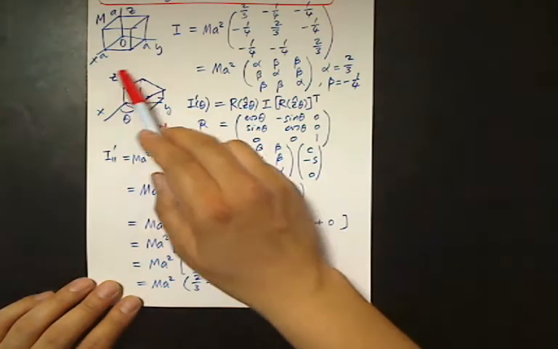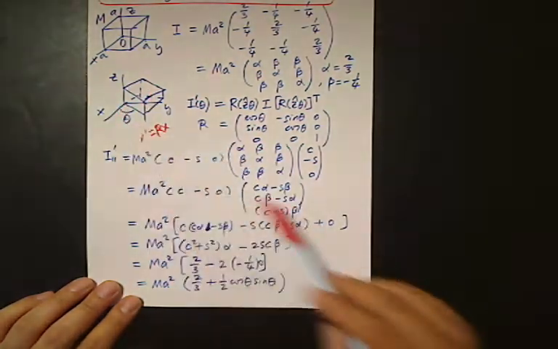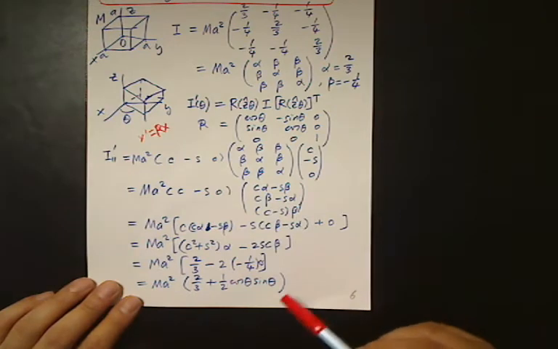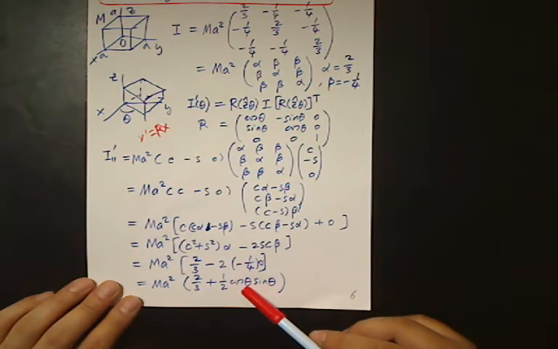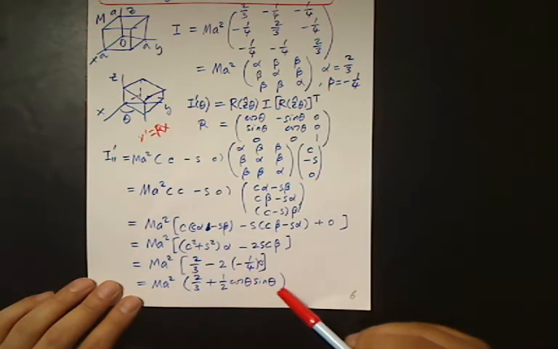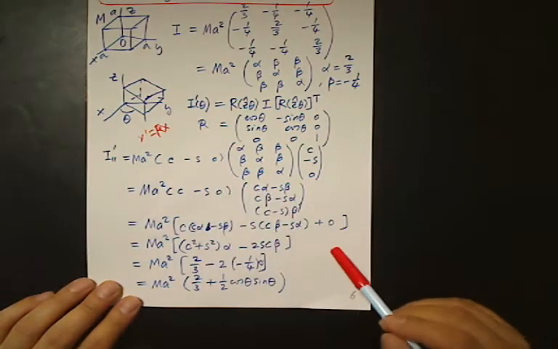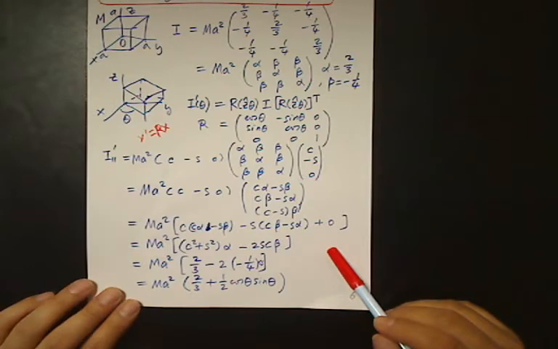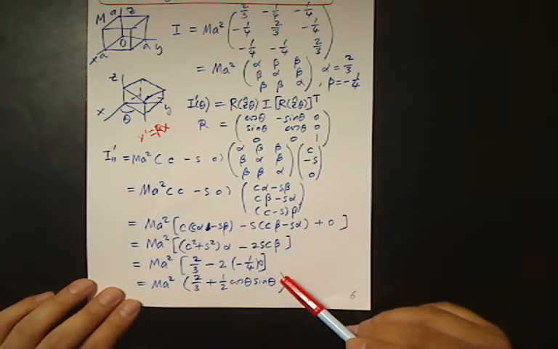Suppose that it is rotating with constant angular velocity omega. In that case, this becomes cosine omega t sine omega t. Thus each element of the inertia tensor depends on time, unless we use a body frame.